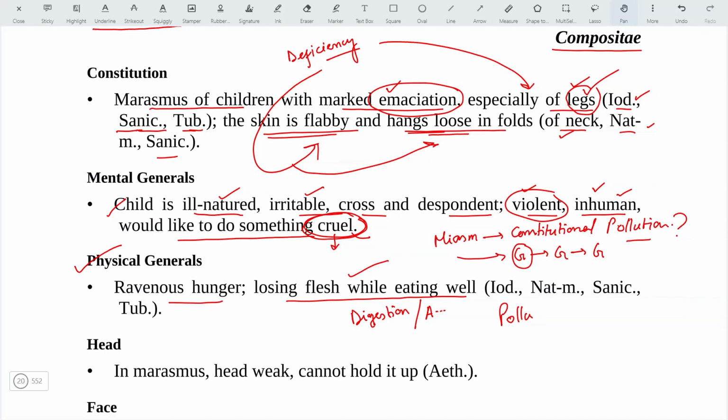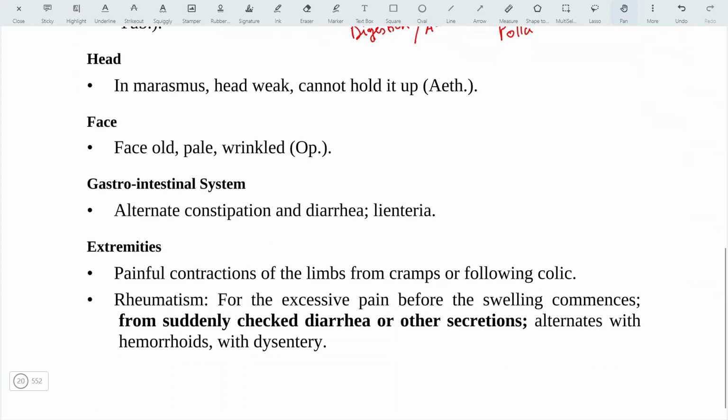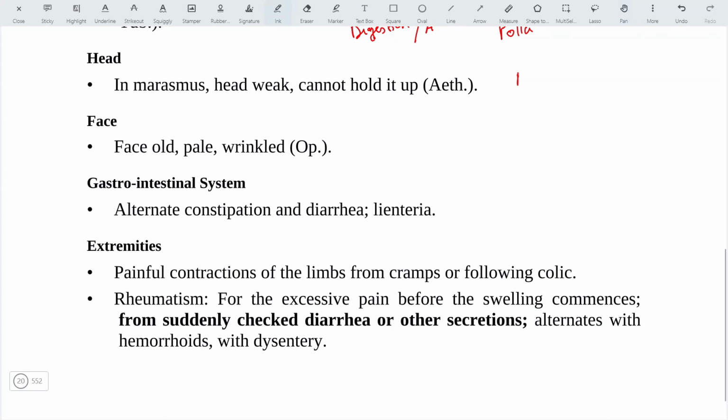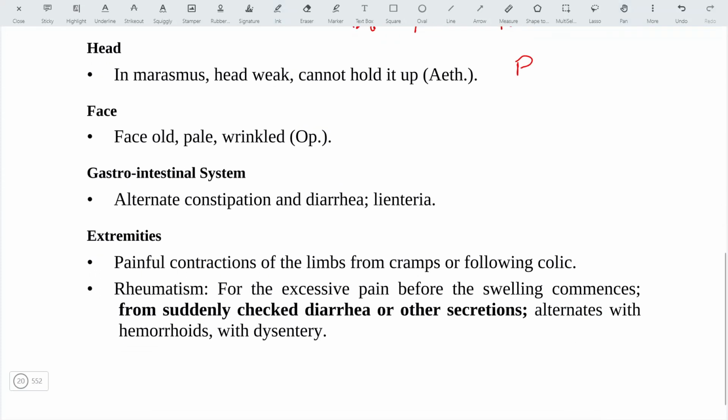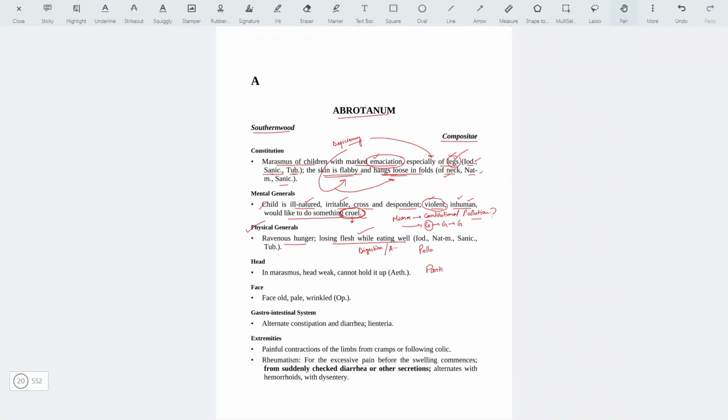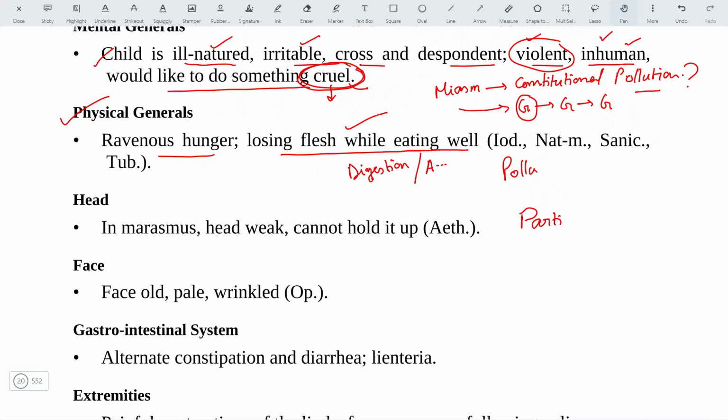Okay, next come to the latter part, that is the particular part. That means in homeopathy we all know there are some symptoms which are basically particulars and which are generals.